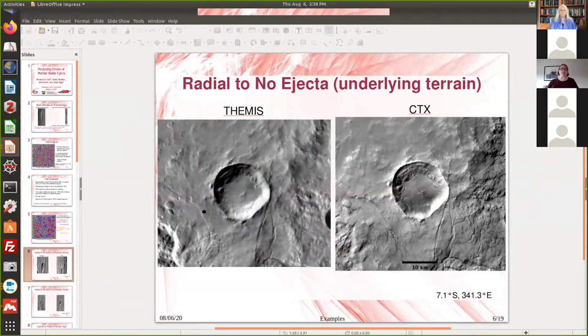So this one went from being interpreted as a radial ejecta crater, which you can get from some of the feathering and hummockiness that occurs around this crater, to no ejecta, because as you zoomed in and looked at this crater at higher resolution, this hummockiness mainly looked like underlying terrain and not actually ejecta from this crater.